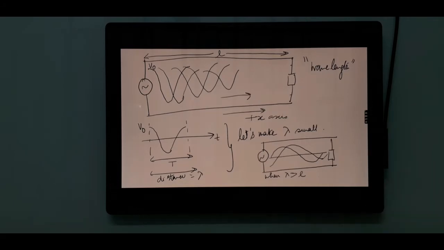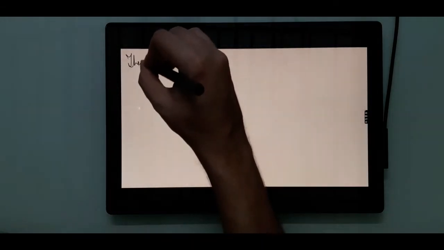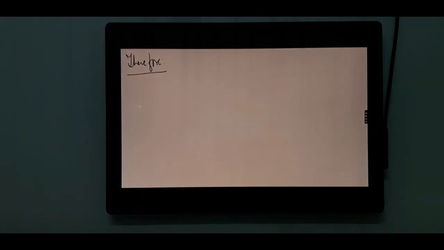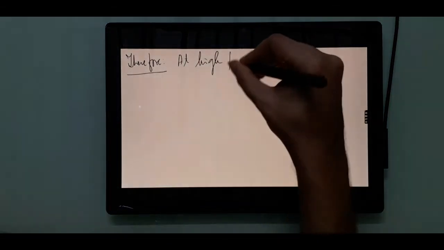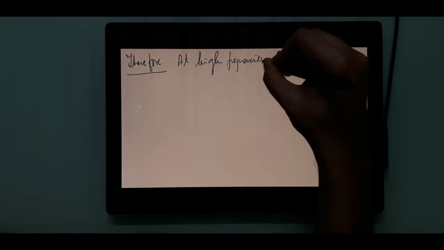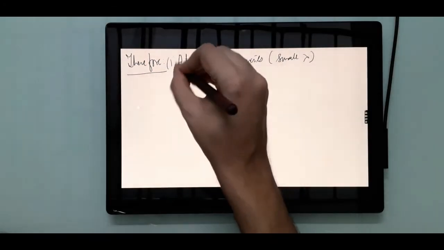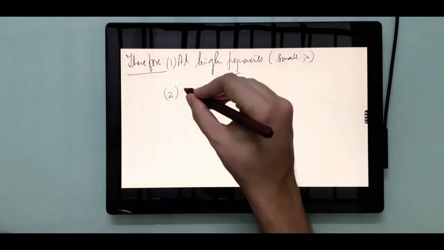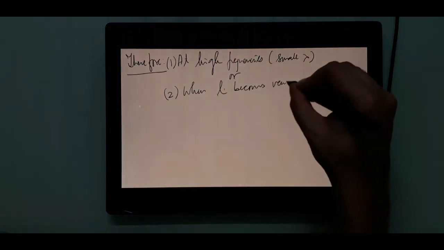So therefore, the moral of the story is, at high frequencies, that means small lambda. This is the first case which we just discussed, or the second case is when L becomes very large.